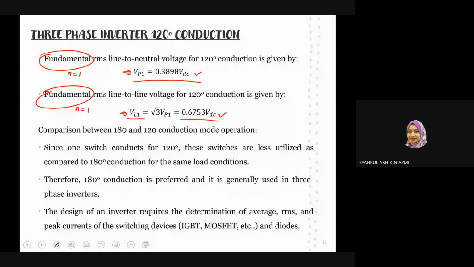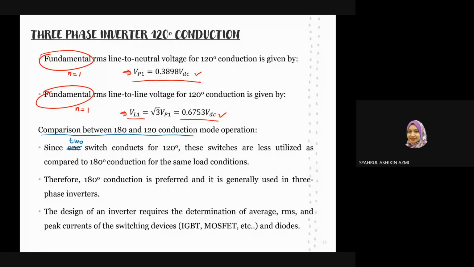This statement is actually to show you the comparison between 180 and 120 operation. This is not one, this is two, sorry for the typo.